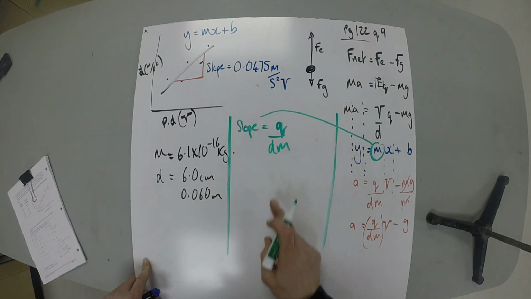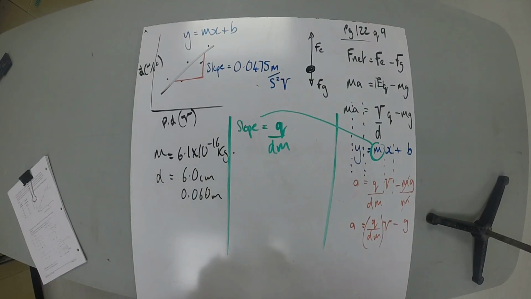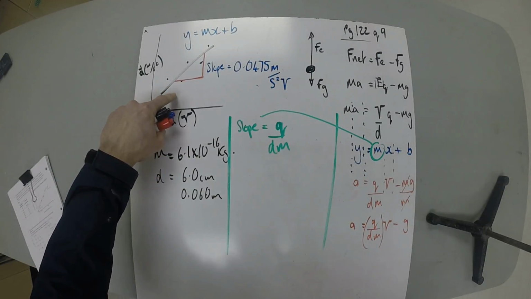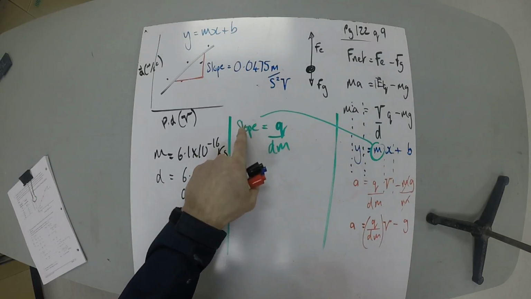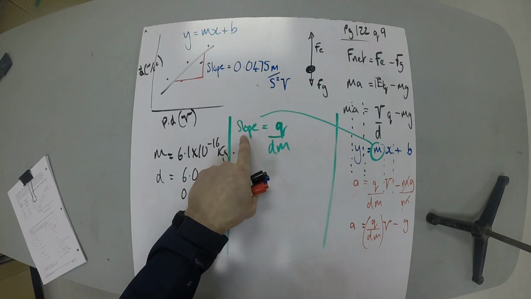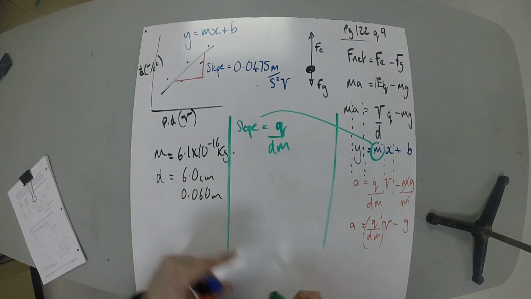Remember, the question is actually asking us to determine the charge on the oil drop. First of all it's saying plot your graph, which we've done. Then it's saying what's the charge on the oil drop? Well, this should give me that charge since I know the slope value, the distance and the mass.